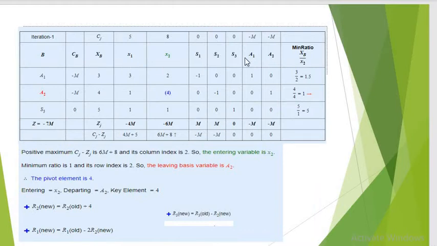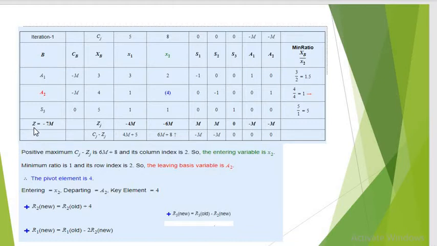From the initial simplex table, the basic variables are a1, a2, s3, and the coefficients of these basic variables in the objective function are minus M, minus M, 0, and the Cj's are the coefficients of x1, x2, s1, s2, s3, a1, a2 in the objective function, and other values we can write from the equations.